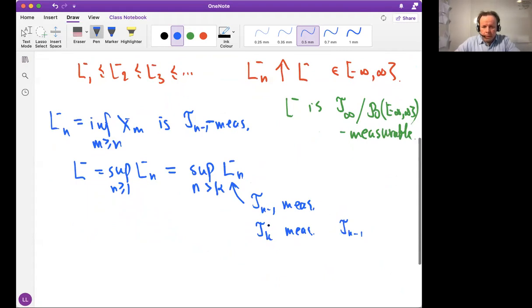So this goes that way. So each one of these is actually T_k measurable. And that's why we are taking a supremum of something, each of which is T_k measurable. So the supremum is also T_k measurable.